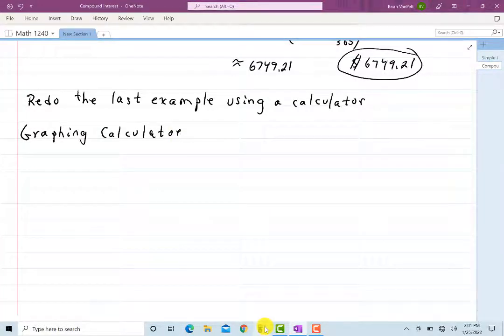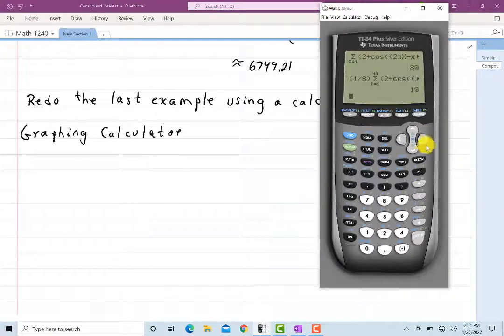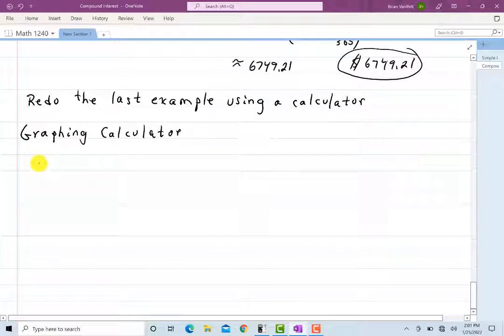Let me pull up my calculator. Let me clear it out. And I'll have that thing around as I do these problems. I'm going to start with part A again. And that was where n was equal to 1. And what we had was the formula A was equal to 5,000 times 1 plus 0.03 divided by 1 to the 1 times 10.